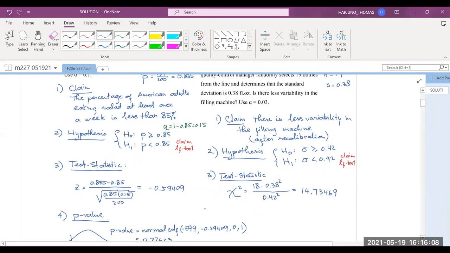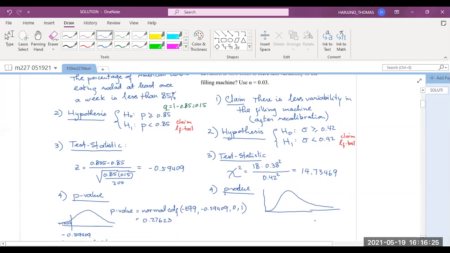Therefore, the p-value. It's a chi-square distribution, right? It's non-negative. The 14.73469 is here, so the p-value is the area to the left of that.